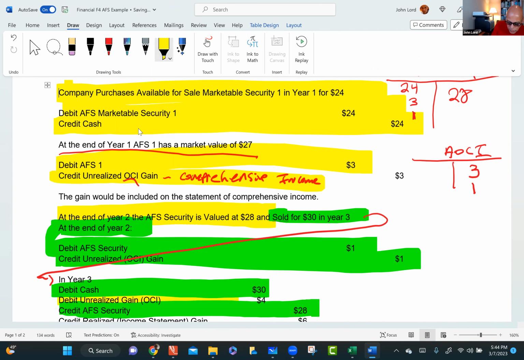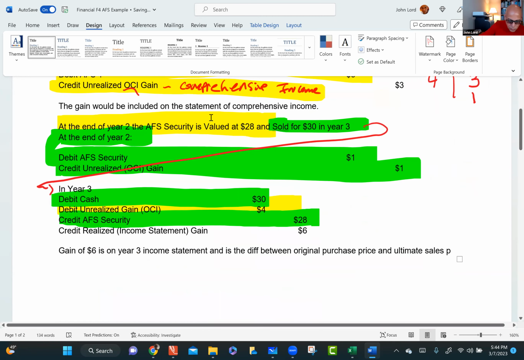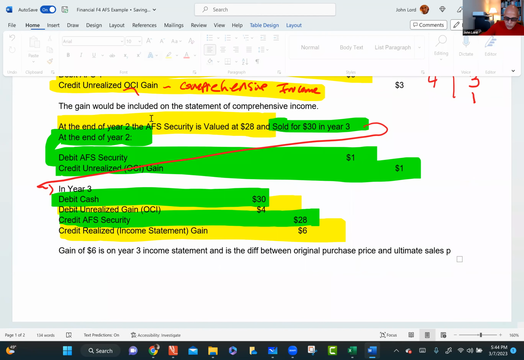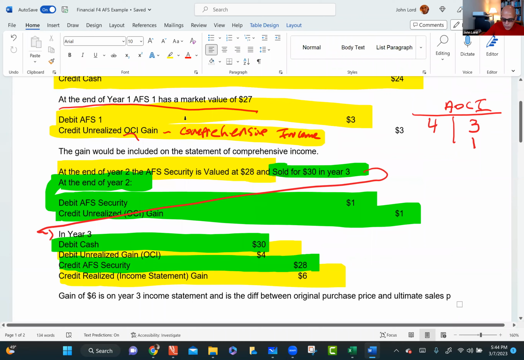So I would show a subtract for unrealized gain on my statement of other comprehensive income. I would close that out to my AOCI. That closes that out. And then I come over and I credit what? I credit realized gain for the full 6, the difference between what I originally purchased that security for, the 24, and what I ultimately sold it for.